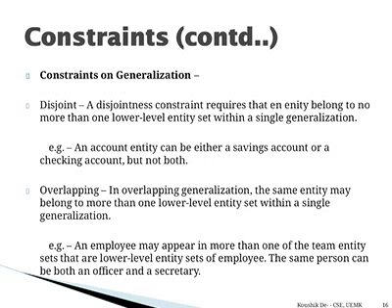Constraints on generalization. Disjoint: a disjointness constraint requires that an entity belongs to no more than one lower level entity set within a single generalization. Overlapping generalization: the same entity may belong to more than one lower level entity set within a single generalization.